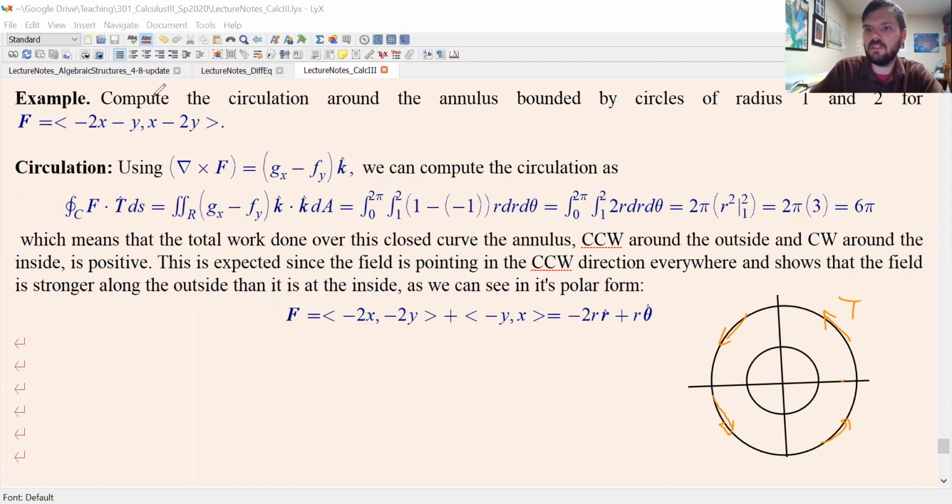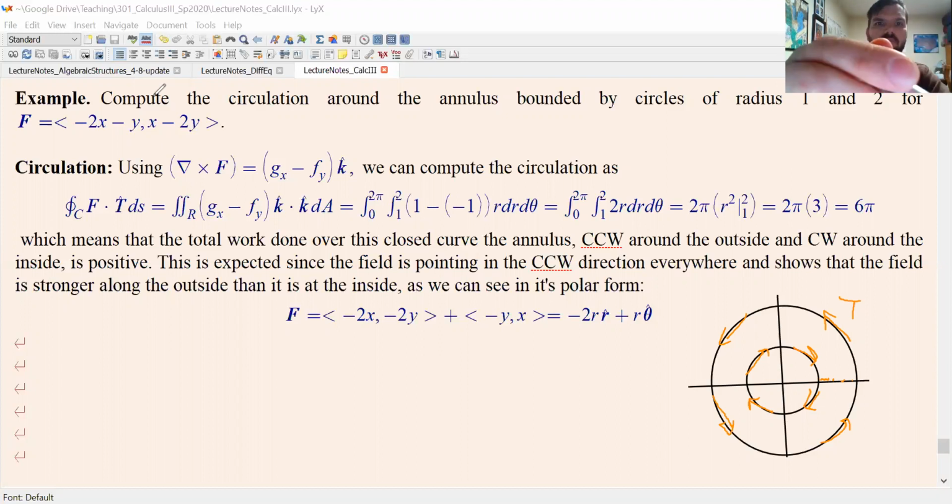We're going to have to cut in and go the opposite direction on the inside piece of the annulus. And so that's the idea. We're trying to measure that circulation, and we're going to do it by looking at the area of this annulus, or at least integrating over the area of that region.